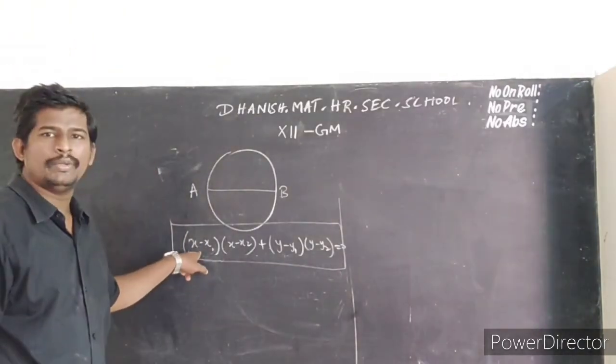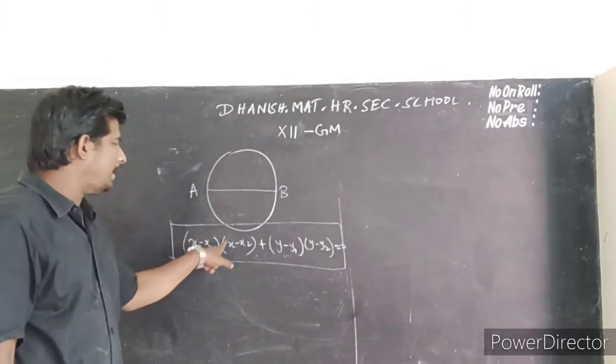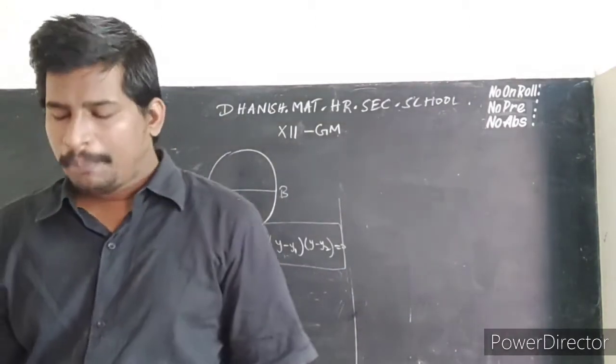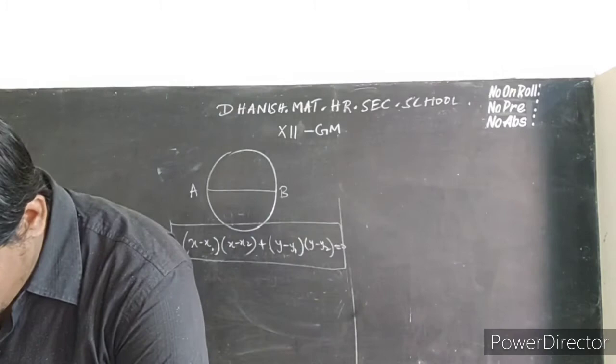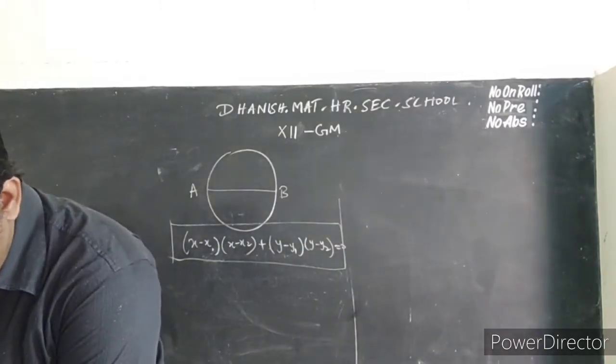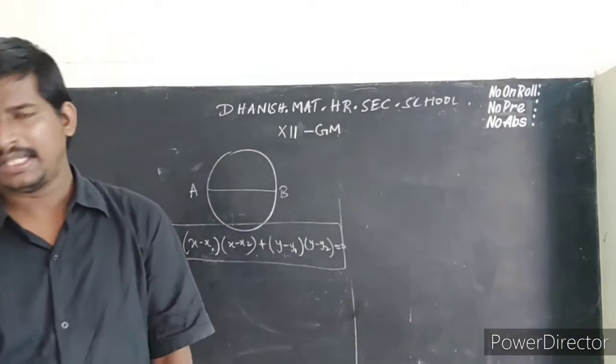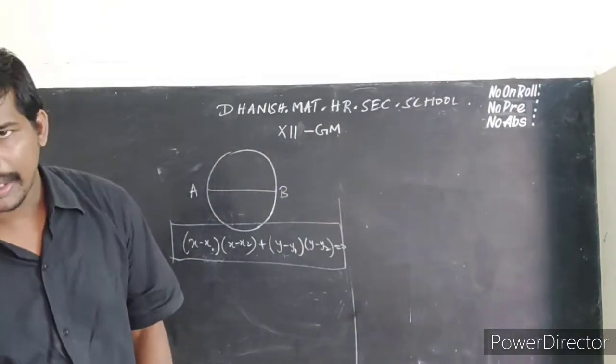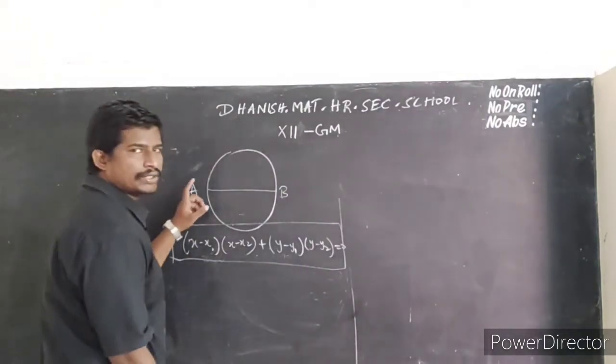The equation of the circle will be (x − x1)(x − x2) + (y − y1)(y − y2) = 0 when the two end points of the diameter are given.